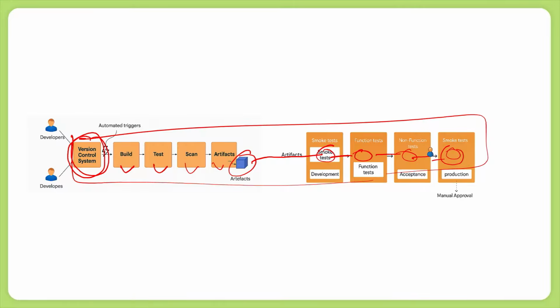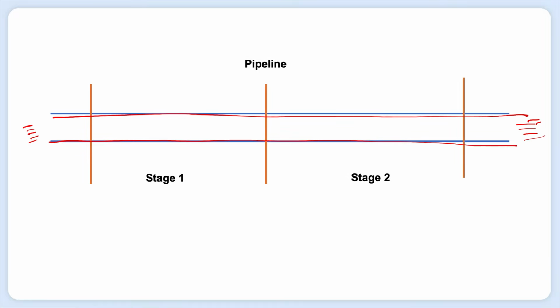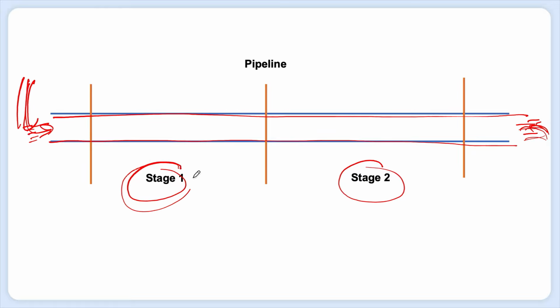Similarly, in this pipeline, let's say we put water in, and this water needs to come out at the other end. In between there could be different steps. Let's imagine there are two stages where we do something with this water, let's say to purify it. In each stage we have some job.